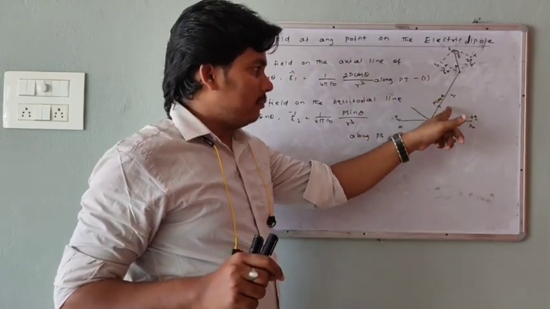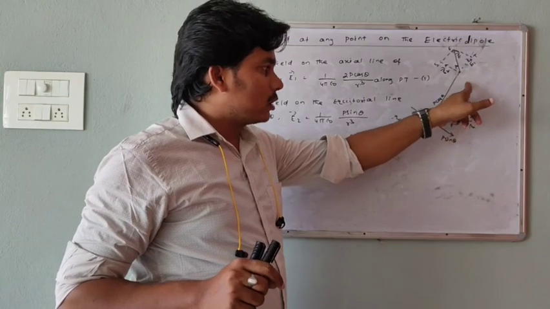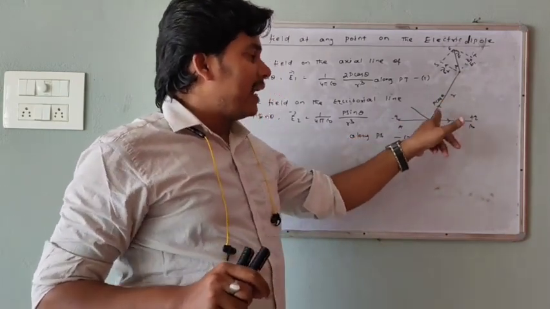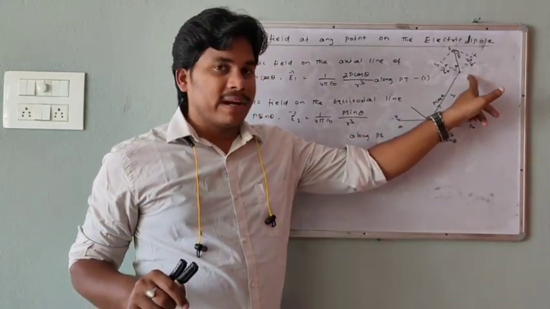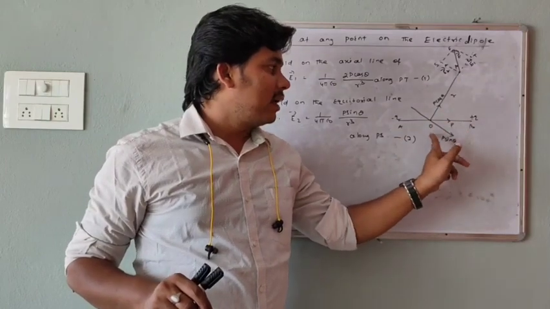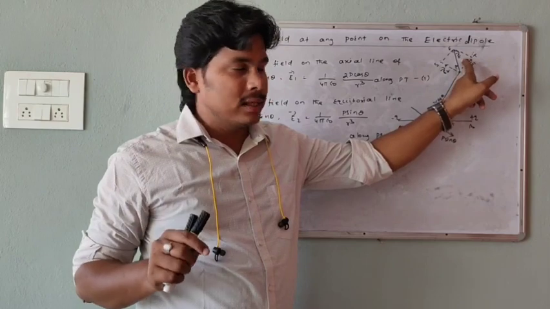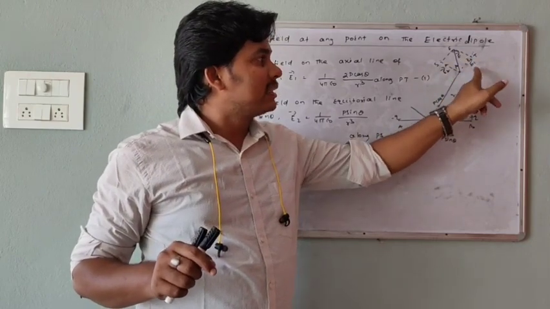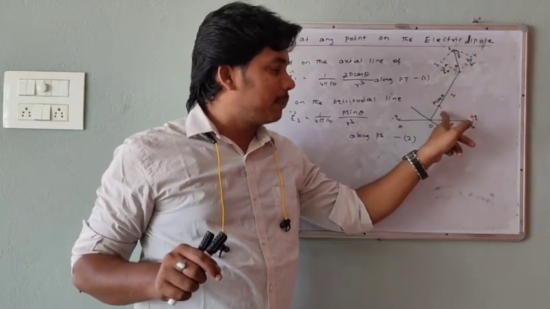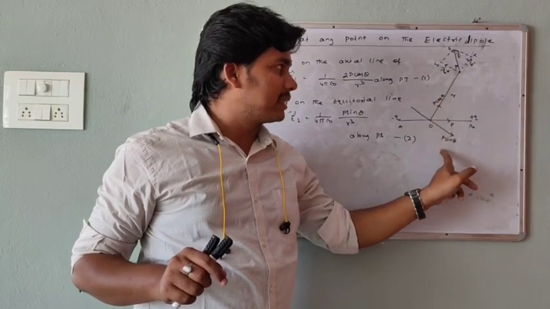For P cos theta, we find E1, and for P sin theta, the parallel component is E2. The resultant electric field intensity E has these two components, E1 and E2. E1 is along P cos theta and E2 is along P sin theta.